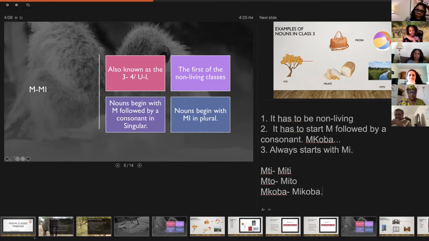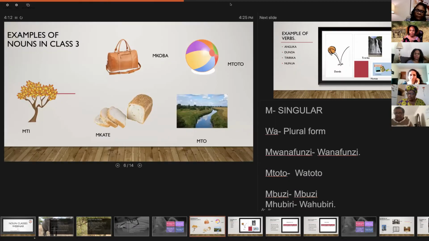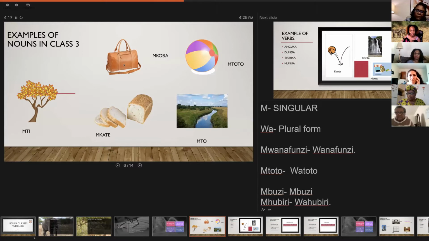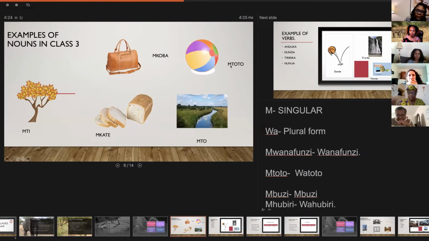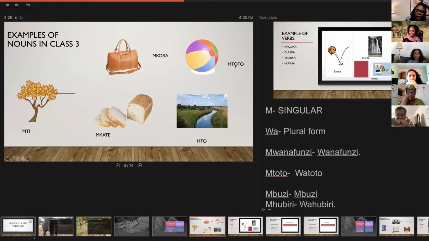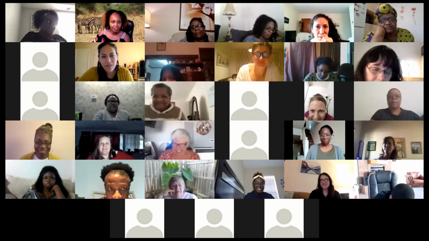Sawa sawa. Now, since I had a lot of time on my hands, I found pictures. So we have mkoba for bag. I lied to you. That is not mtoto, that's mpira. Mtoto doesn't look like that. And then we have mti. Hang on, I need to change that because somebody's going to be thoroughly confused.